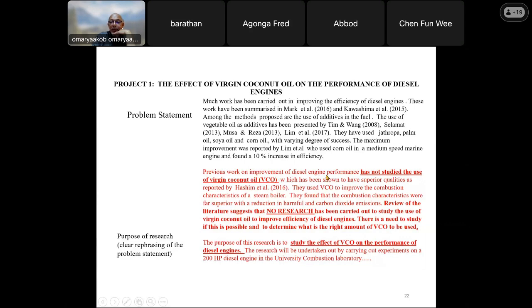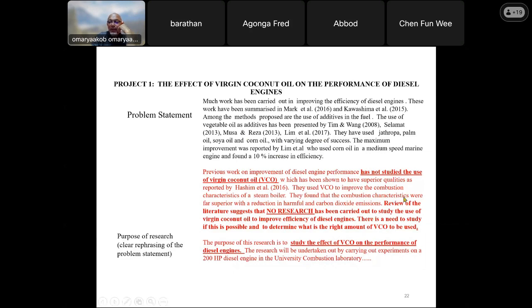Previous work on improving diesel engine performance has not studied the use of virgin coconut oil. You see, among all these oils, there's no virgin coconut oil, which has been shown to have superior quality, as reported by Hashim. They used VCO to improve the combustion characteristics of a steam boiler. Hashim has used virgin coconut oil and they show that it is good, but they used it in a steam boiler, not an internal combustion engine.